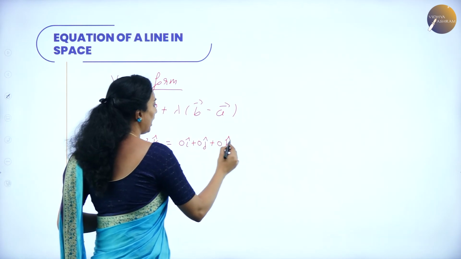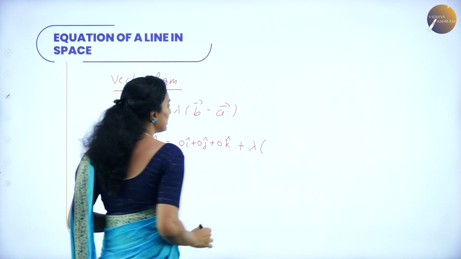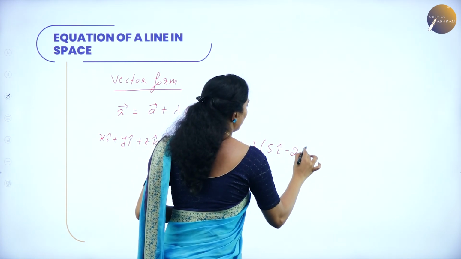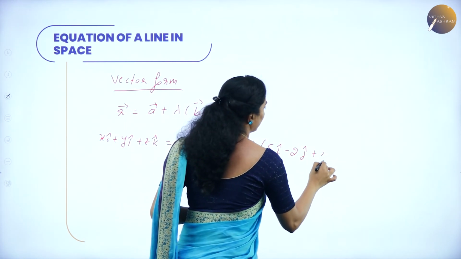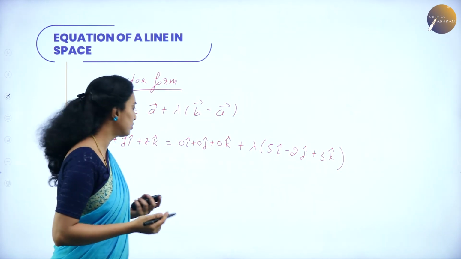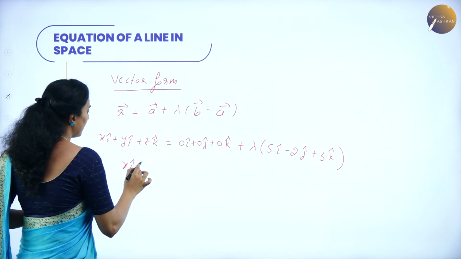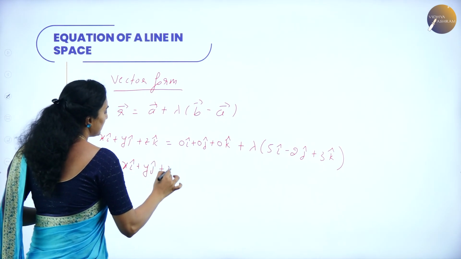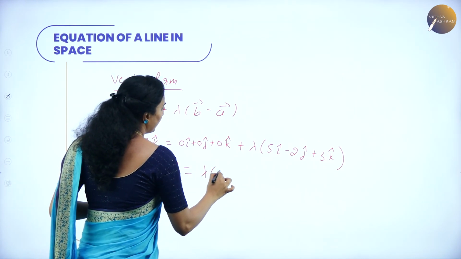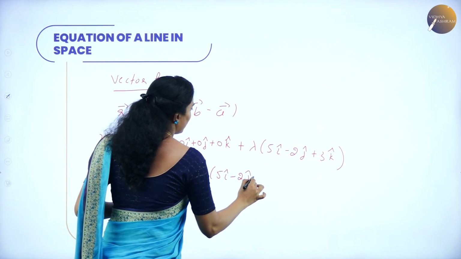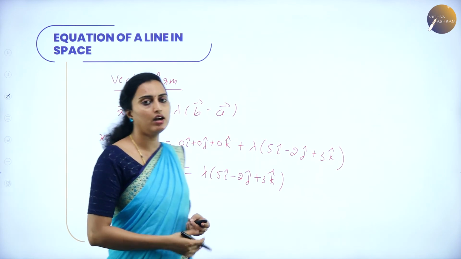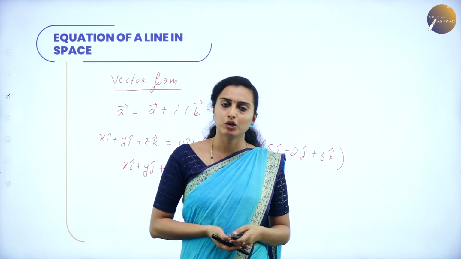Writing the same thing as plus lambda into 5i minus 2j plus 3k. If you add 0 to that, you get the same. So, xi plus yj plus zk is equal to lambda into 5i minus 2j plus 3k. That's it. So, this is going to be known as the vector form for the given question.